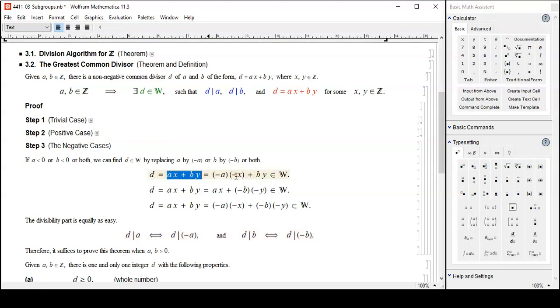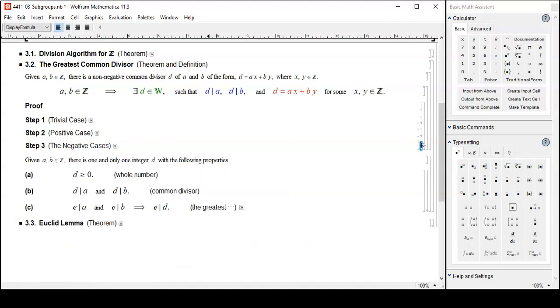This red can be rewritten like this, where negative a is positive and b is positive, even though a is negative. So from here we get this linear combination, and that's a whole number. And then of course for positive or negative a, divisibility by d is equivalent, so the blue property also follows.